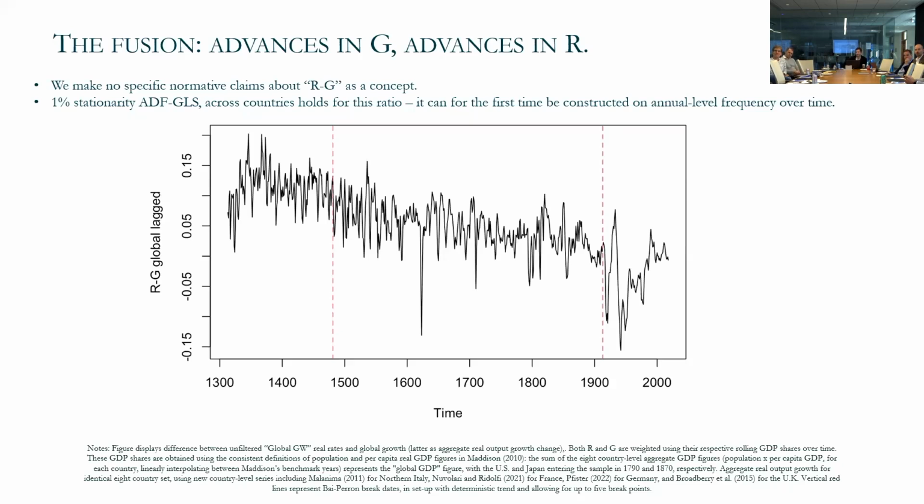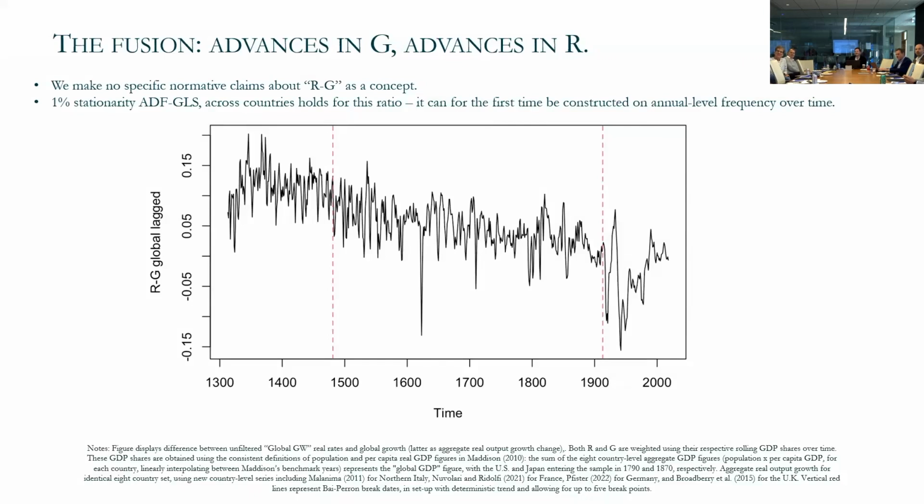You can argue about things like should we use per capita output growth rather than aggregate or different bases, but we have R and we have G nowadays. And we can look at both in a new way, in the most robust way so far that we could do that. Piketty should be celebrating the long run decline in inequality.